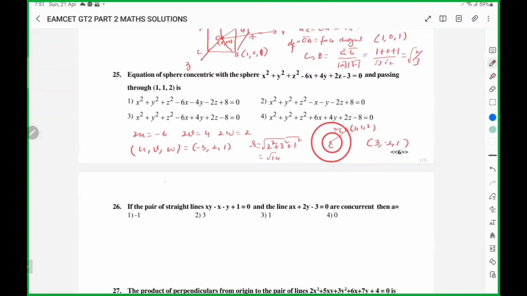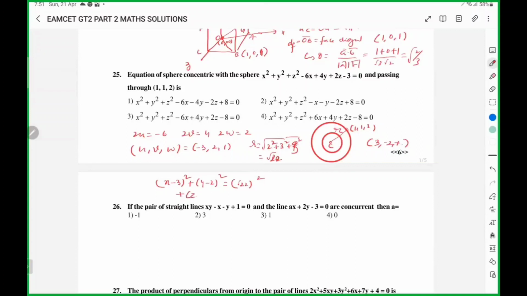So the circle equation is x minus 3 whole square, y minus 2 whole square. Here it is 3, minus 2, minus 1. So it will be 9, 3 square, 9, 18, 18 plus 4, 22. So root 22 whole square.